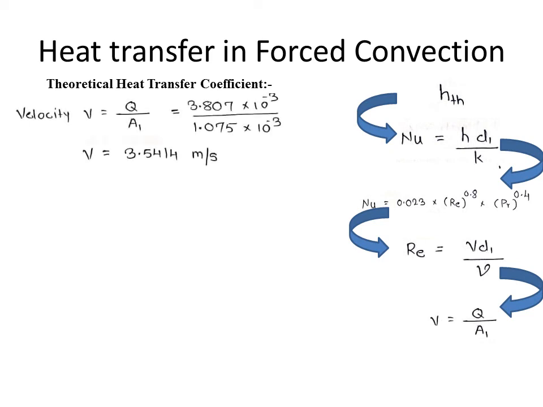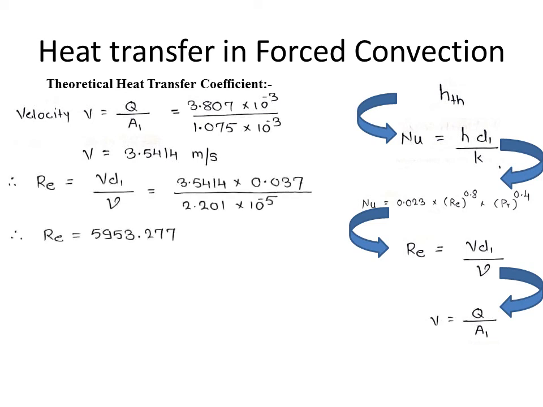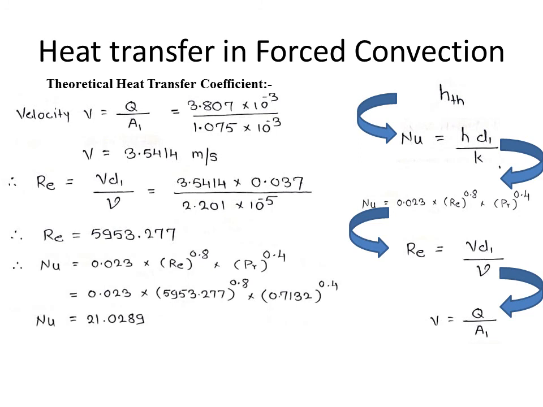Hence, we first calculate the velocity, and the value of velocity of air is 3.5414 meter per second. Once we get the velocity of air, we can calculate the Reynolds number, and the value of Reynolds number is 5953.277. Once we get the Reynolds number, we put the Reynolds number value and Prandtl number value in the Nusselt number correlation.